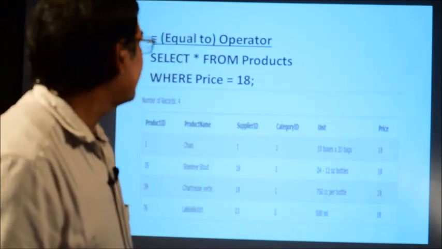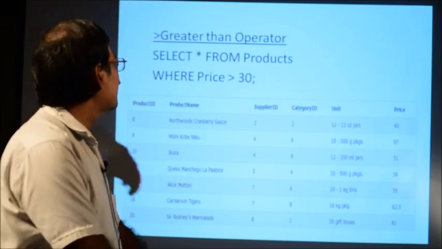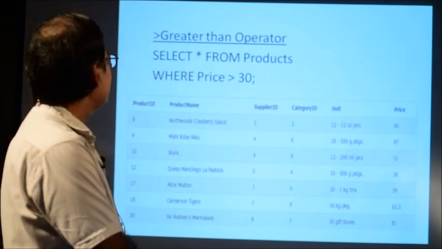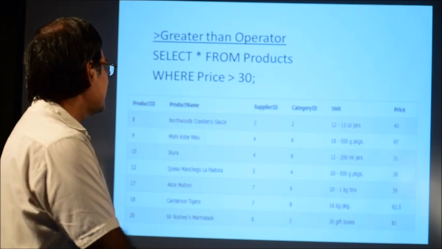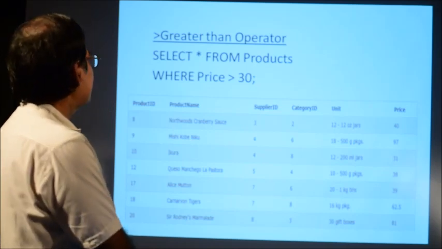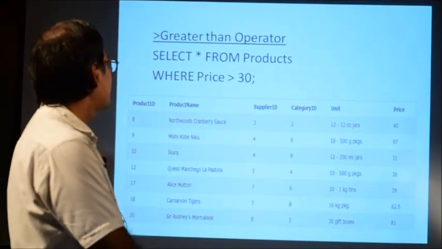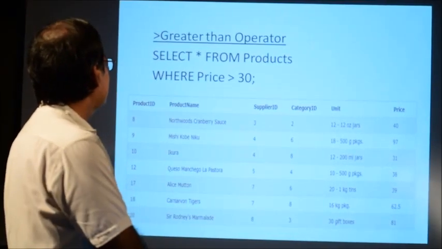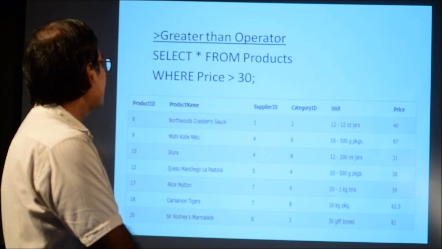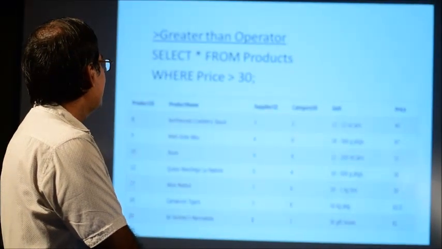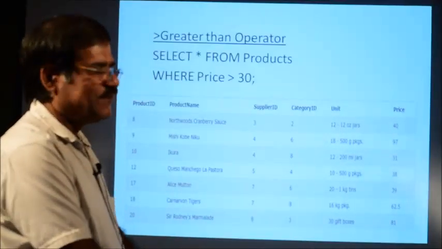Similarly, others like equal to, here it is the greater than operator. Greater than is also one of the operators we are using. The same concept is there, in place of equal to you write the greater than symbol, greater than 30. Here it is written select star from products where price greater than 30.